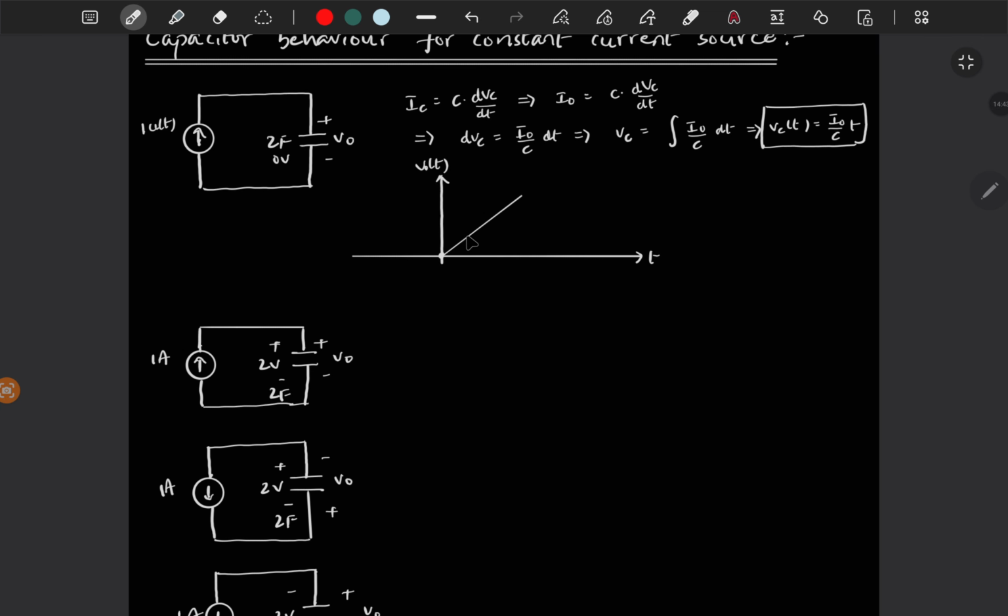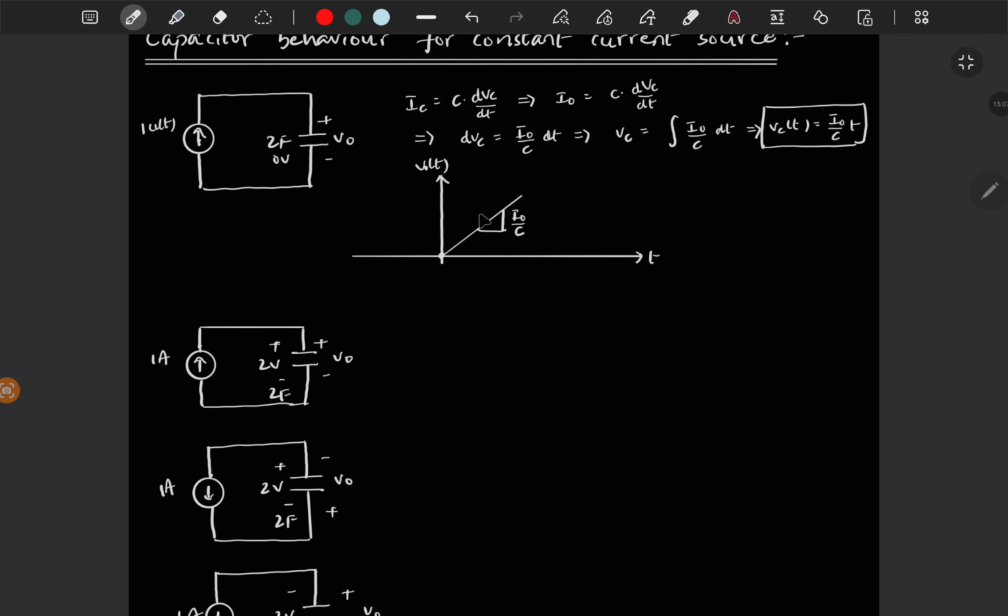So from 0, the voltage starts charging up linearly, and this is nothing but this equation, right? Vc of t is I0 by C t. So here the slope is I0 by C.